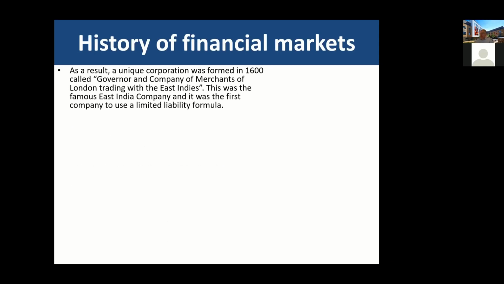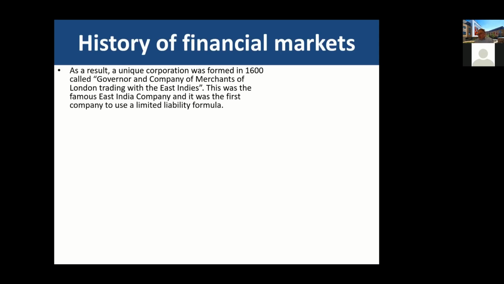With a limited liability formula, this allowed investors to invest in certain ships delivering certain cargoes at different times, in the knowledge that if that voyage was not successful, they would lose only what they put into the company. So their initial investment is the most they could lose. They would not be exposed to losing their other assets, their house, things like that.